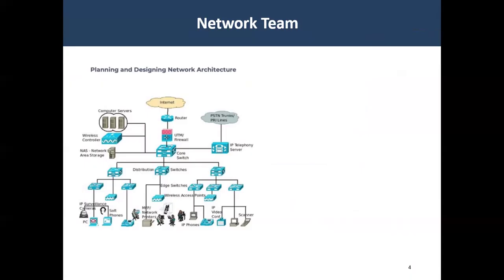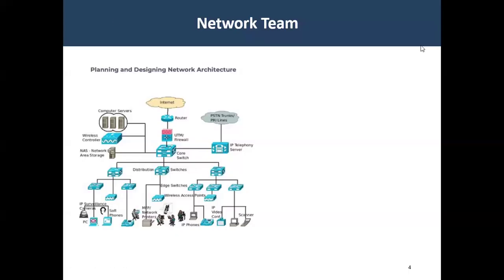What type of network do we use? How are we going to separate it? What compliance requirements are there to maintain these network equipments? They also take care of service availability and the fault management system. If anything goes wrong, they can immediately respond to network troubleshooting issues. This is how the network team works.